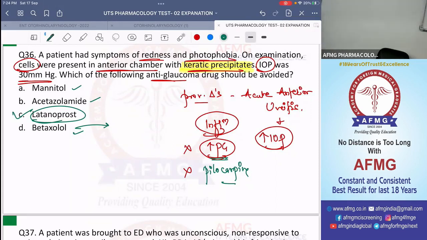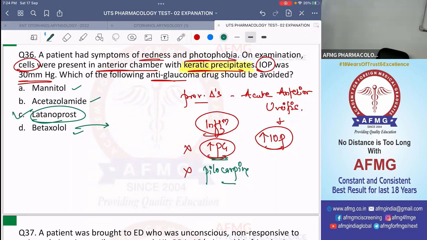Okay, drug of choice for angle closure glaucoma. Mannitol. Drug of choice for acute type of angle closure glaucoma. Pilocarpine. Drug of choice for open angle glaucoma. Latanoprost. That is a prostaglandin analog.